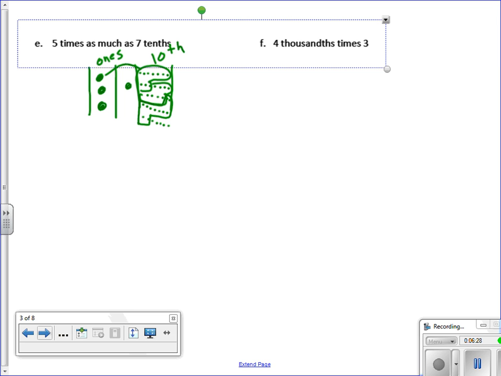And we're left with 1, 2, 3, 4, 5. So if we have 5 times 7 tenths, we have 3 chips in the ones place, and we're left with 5 chips in the tenths place.